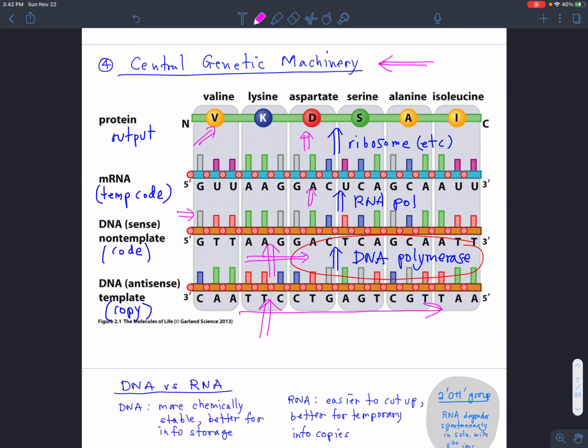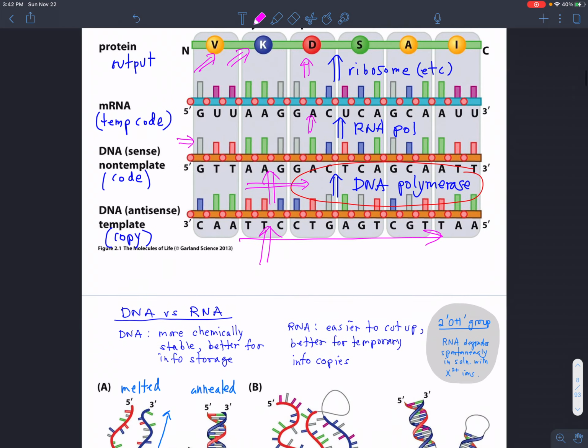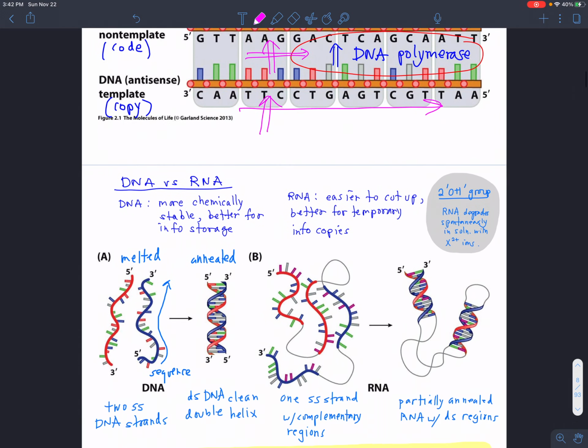It's really powerful. It's an almost universal fabrication facility. You can make pretty much any machine, at least if it can be made at all out of organic molecules, using the central genetic machinery, and that's why life is so diverse and so powerful. That's why we can exist.